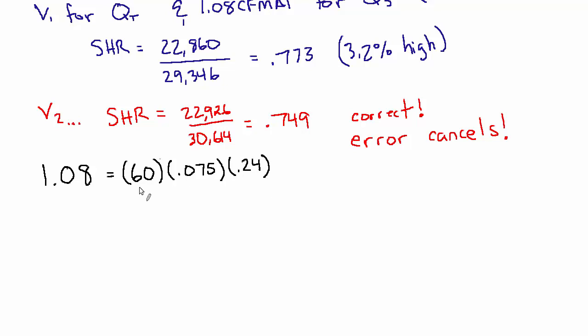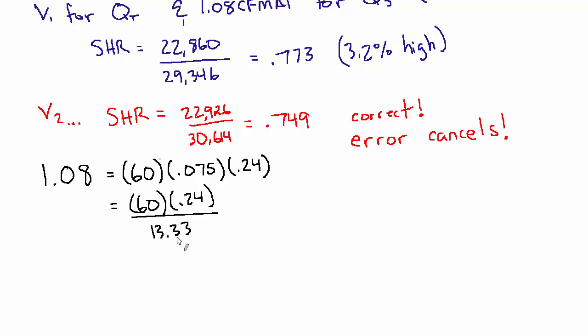And since we don't usually talk about density, and since we can't pick it off the psychrometric chart, we usually talk about specific volume, we can rearrange this and show it as 1 over the density. What is the reciprocal of 0.075? It's 13.33 cubic feet per pound of dry air.